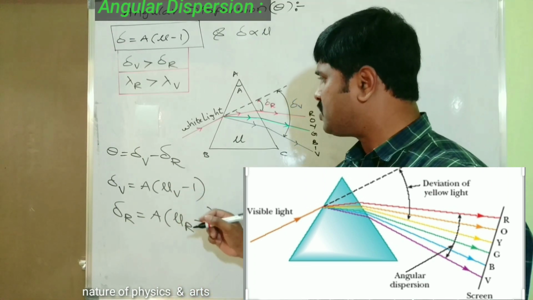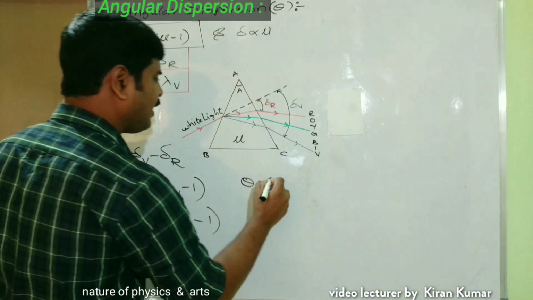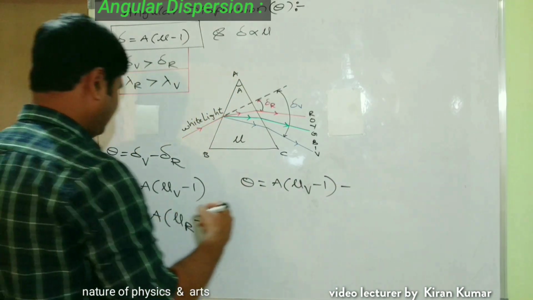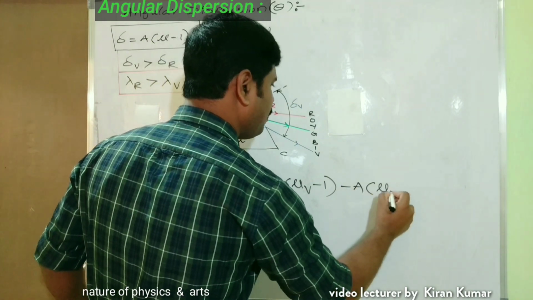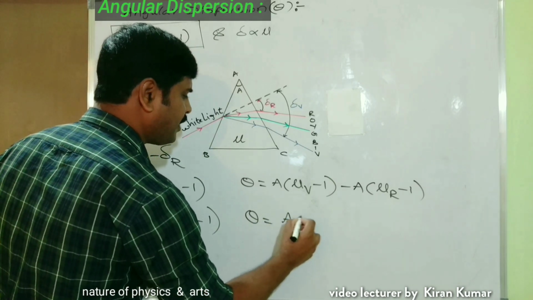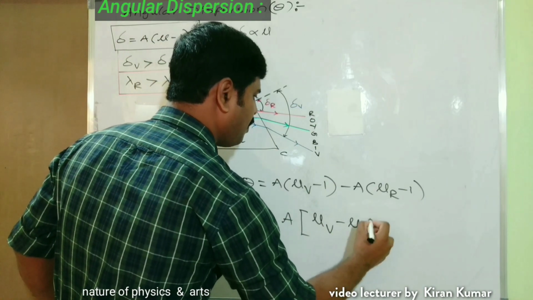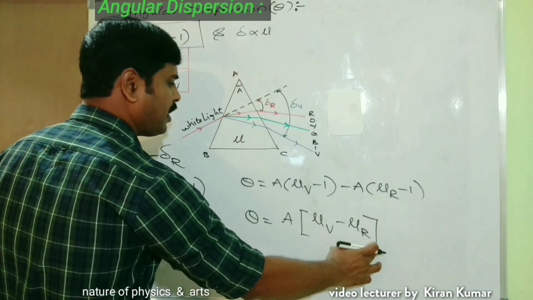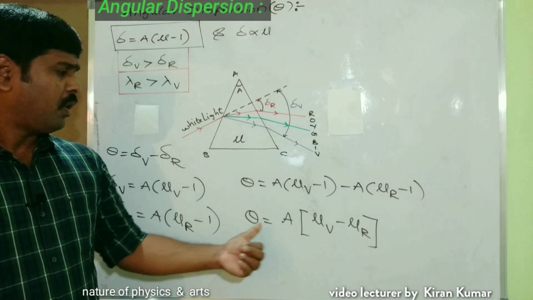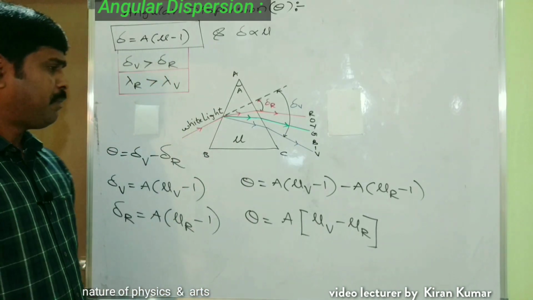The corresponding equation: theta equals delta V, which is A into (mu V minus 1), minus delta R, which is A into (mu R minus 1). After solving this, we get A into (mu V minus mu R). So this is the equation for angular dispersion: theta equals A into (mu V minus mu R). And please copy this.